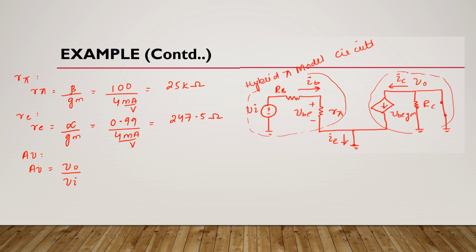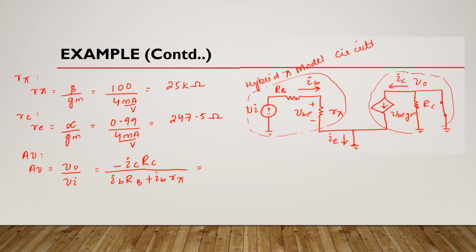So this Vo is equal to minus IC RC, and this input voltage will be equal to IB RB plus IB R pi, because we know that RB and R pi are connected in series.